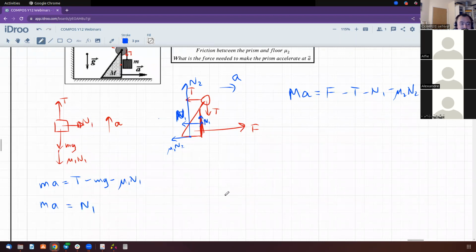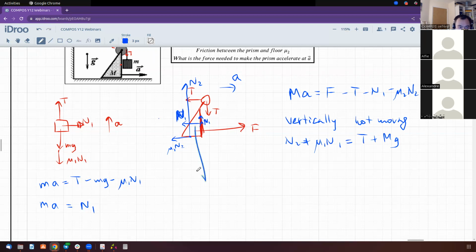And here we have vertical forces, because vertically it is not moving. We have N2 plus mu 1 N1 is equal to T plus mg. Yeah, forgot mg.